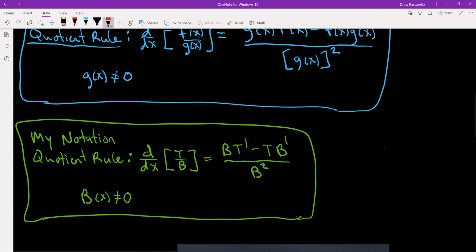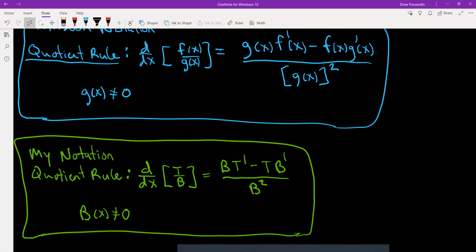Now my notation, I use the letters t and b, and I like to think of t as the top function, and the letter b as the bottom function.